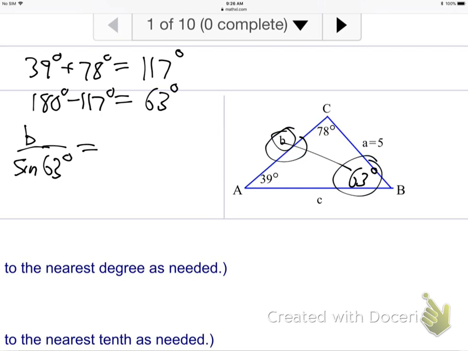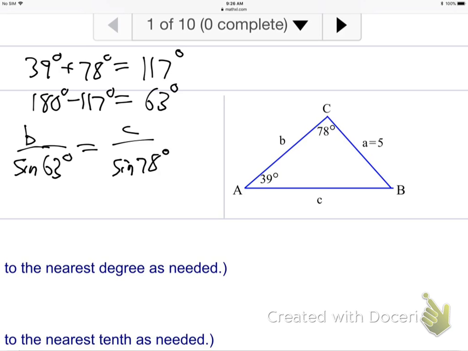That's going to be equal to, now what other pair do I have, meaning angle and side across from it? Do I have, for example, this and this? Do I know both of those? No, I don't know C. So I don't want to do that right now. Do you see why? If I wrote that here, the problem would be I'd have two unknowns.